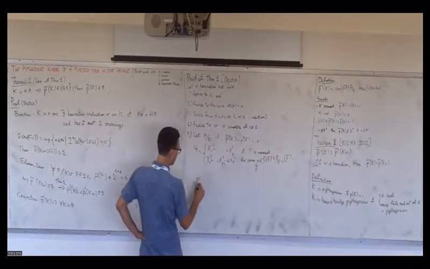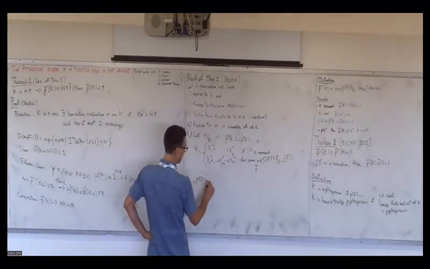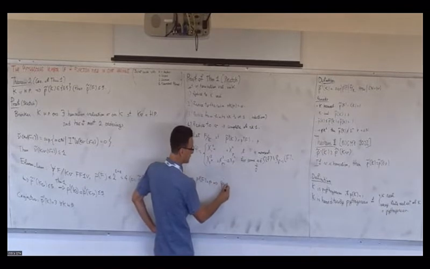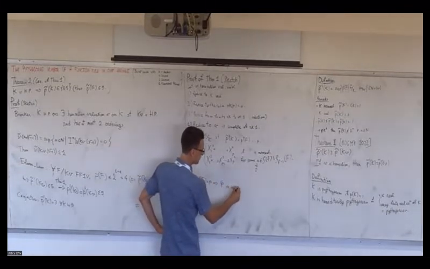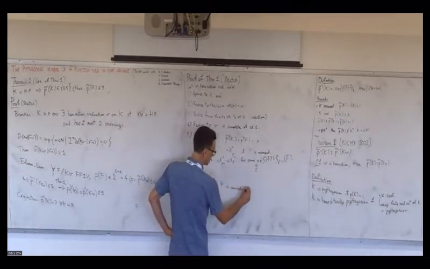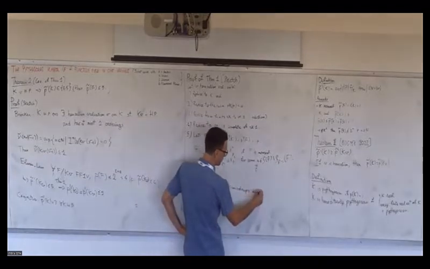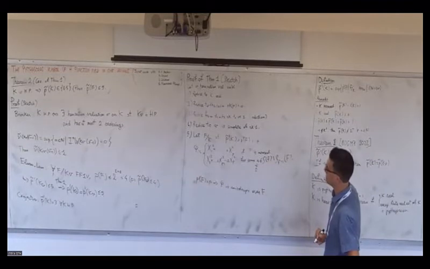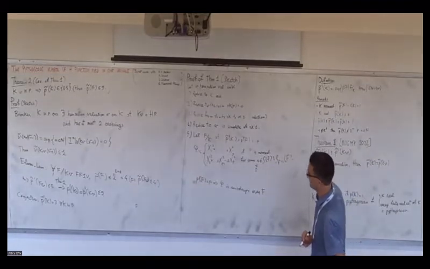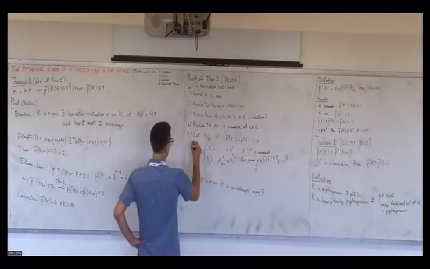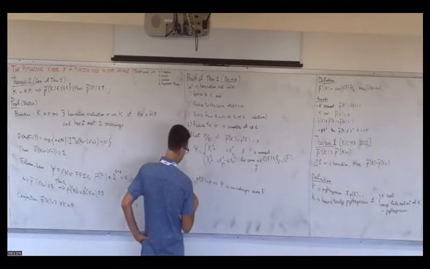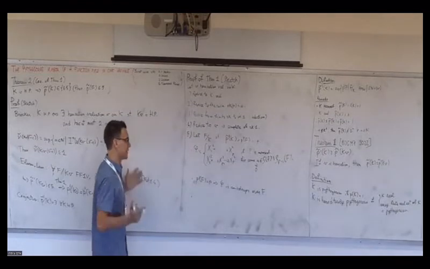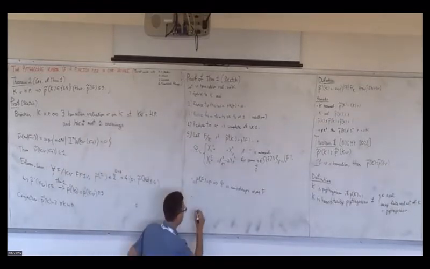But the fact is that this equality implies that phi is anisotropic over F. And now what do we do? We apply a local-global principle.